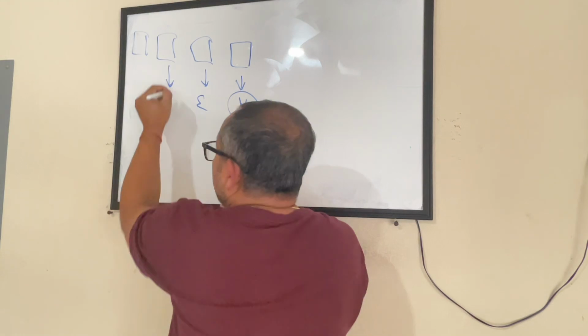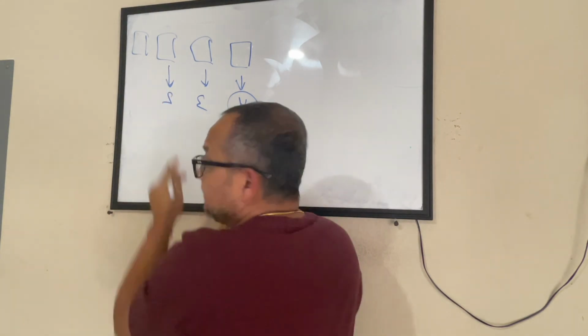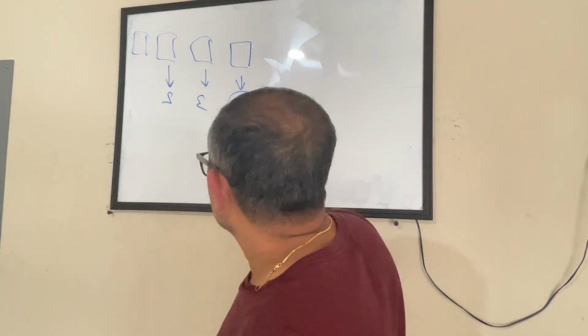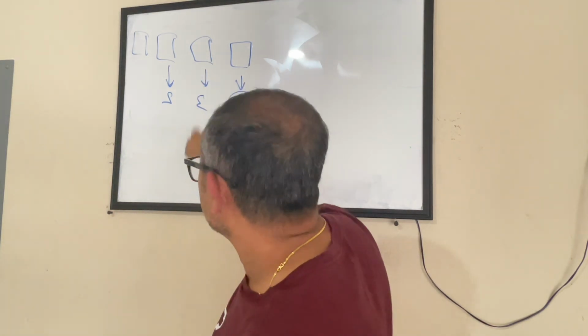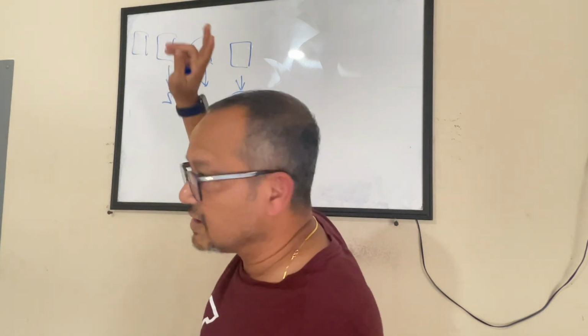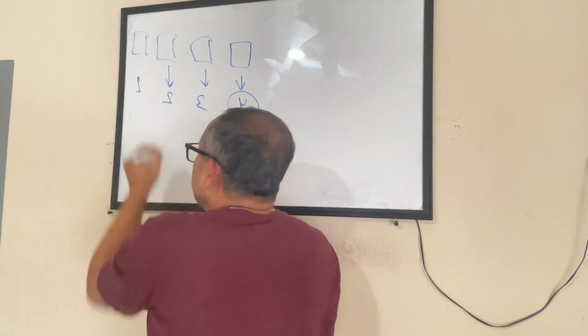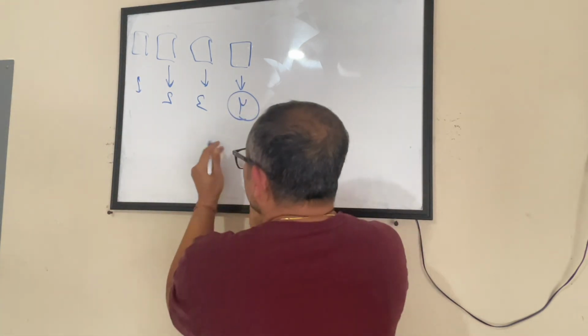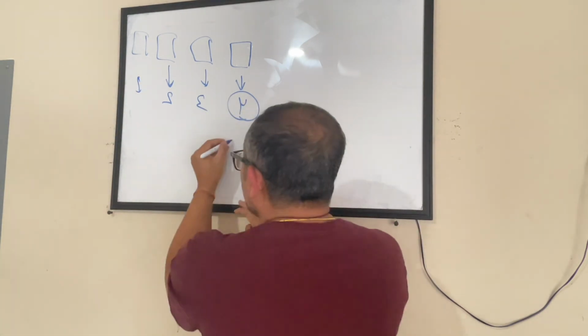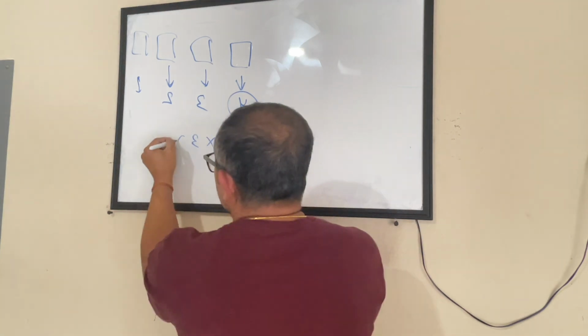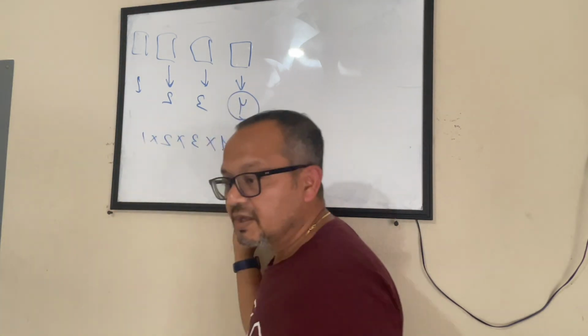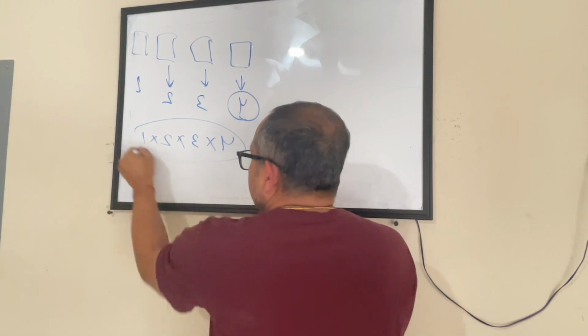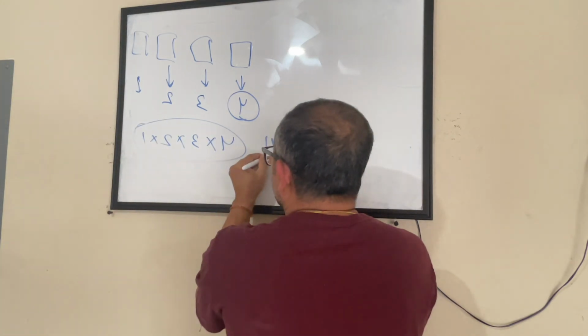Similarly, for the third chair, I have 2 ways to do it, because one person is occupied here, another person is occupied here, and I'm left with 2 people and 2 chairs. I can pick a person for the third chair in 2 different ways. This converts into the total number of combinations: 4 times 3 times 2 times 1, and this is what we call factorial 4.